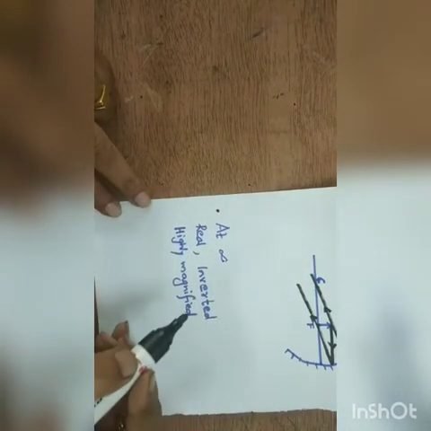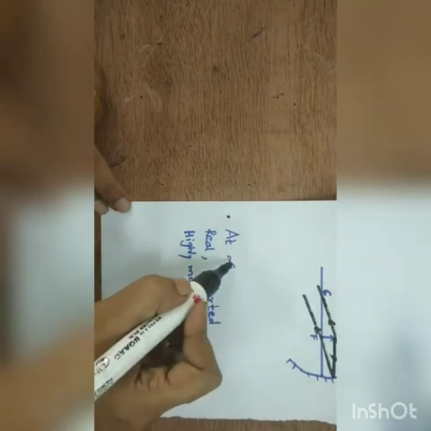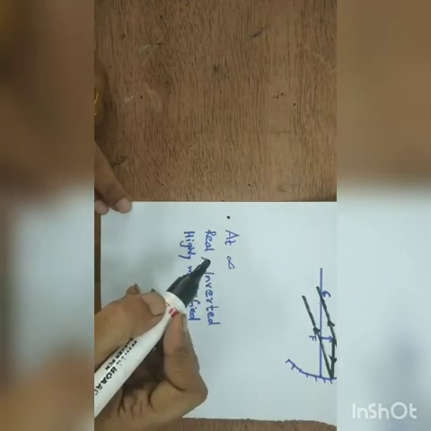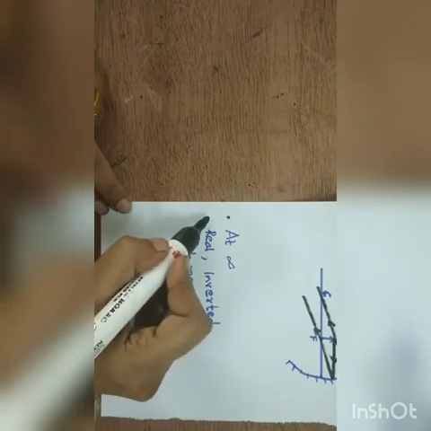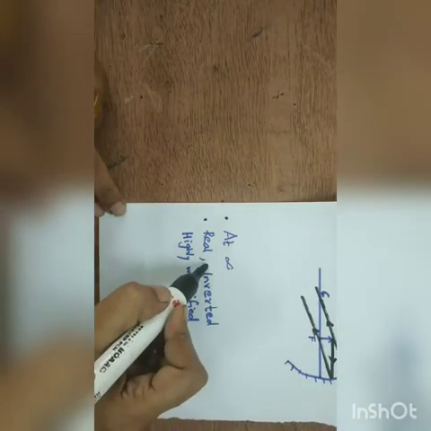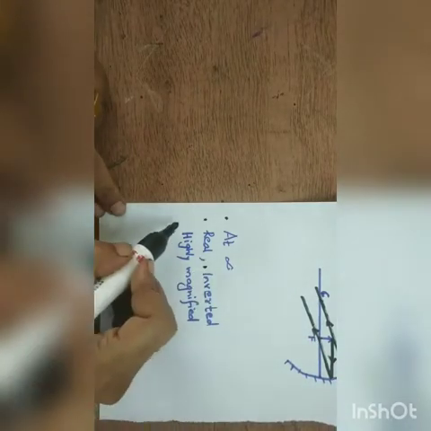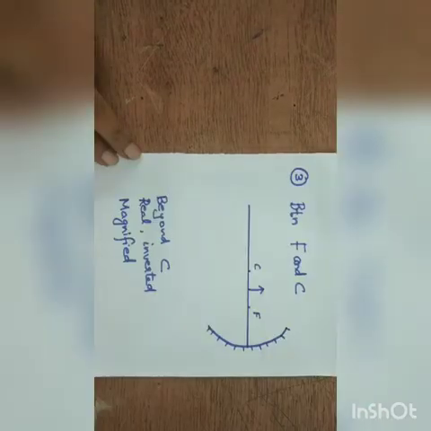The parallel rays meet at infinity. So the image is formed at infinity. Since the rays meet at infinity, we say that the image is a real image. Since it is formed downwards, we say that it's an inverted image, and it is highly magnified.